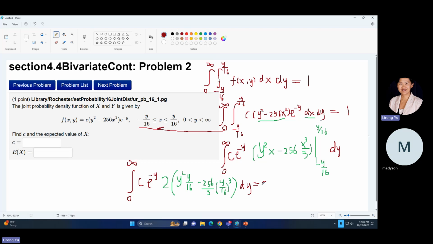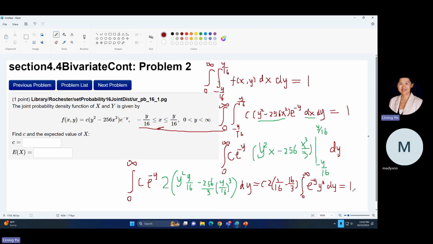It equals c, and then we have a 2, times 1 over 16 minus 16 over 3. Right, and then the integration will be 0 to infinity, e to the negative y, y cubed dy, is equal to 1. Right?